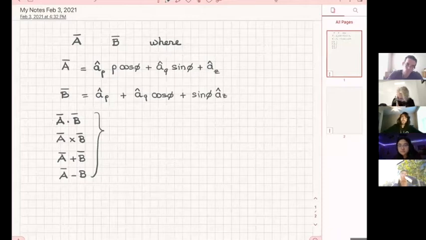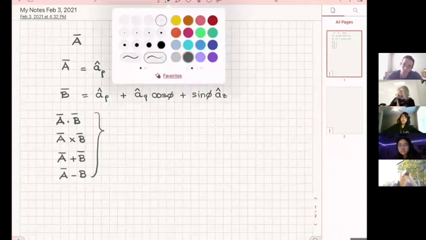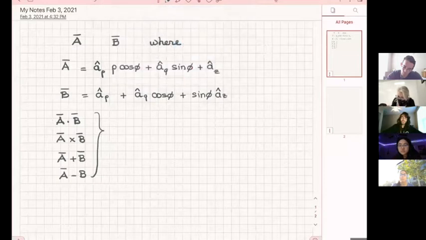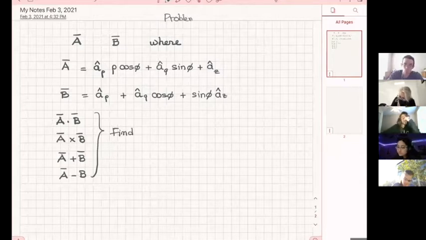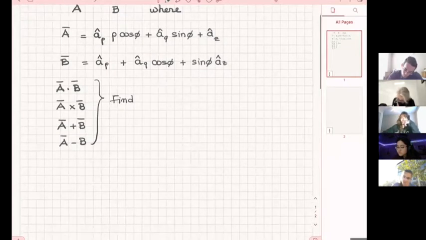All right, so we'll start with the simplest one. So that's problem 1. All right, so solution.